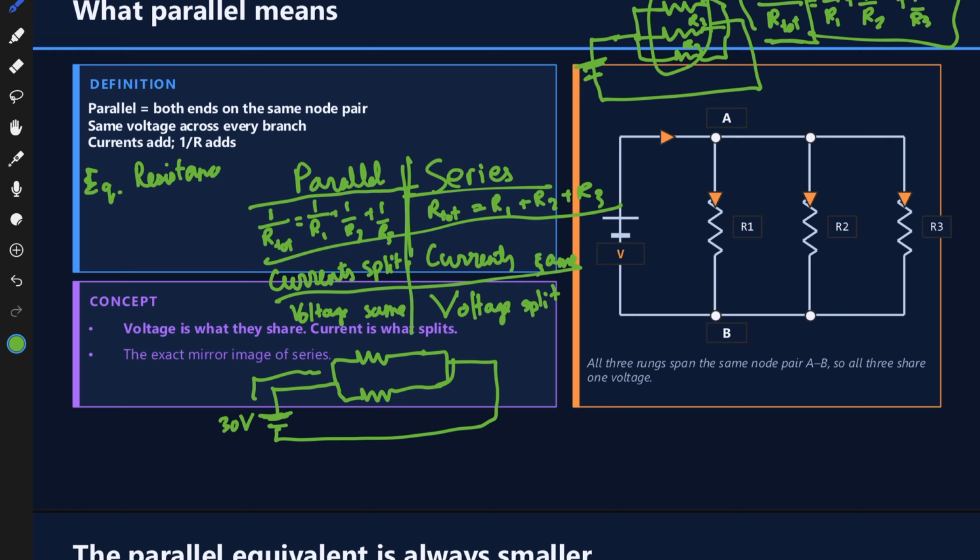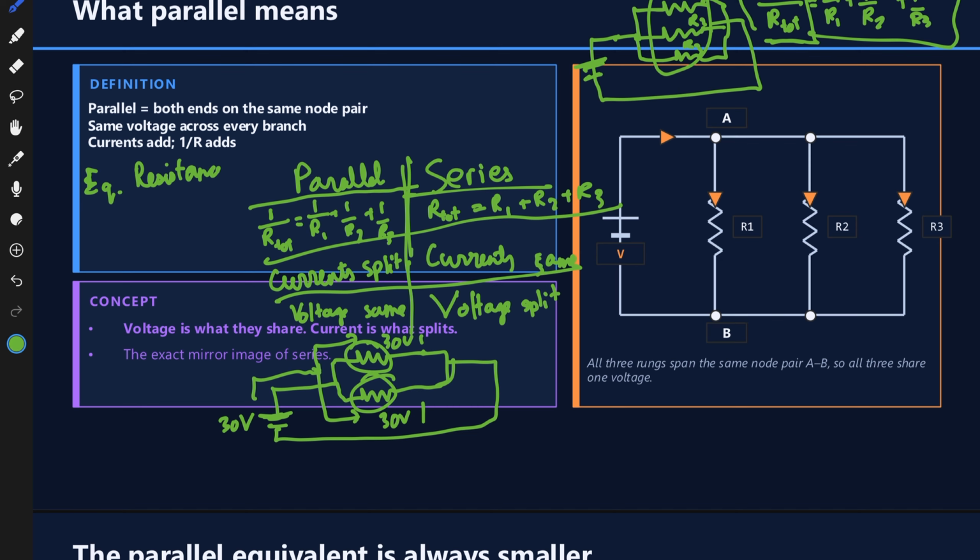They both wouldn't get the full 30 volts. But in parallel circuits, the voltage stays the same. Okay. So this resistor gets the full 30 volts, and this one gets the full 30 volts. And that's exactly why the current also splits. The voltages stay the same, but the current has to split, okay?